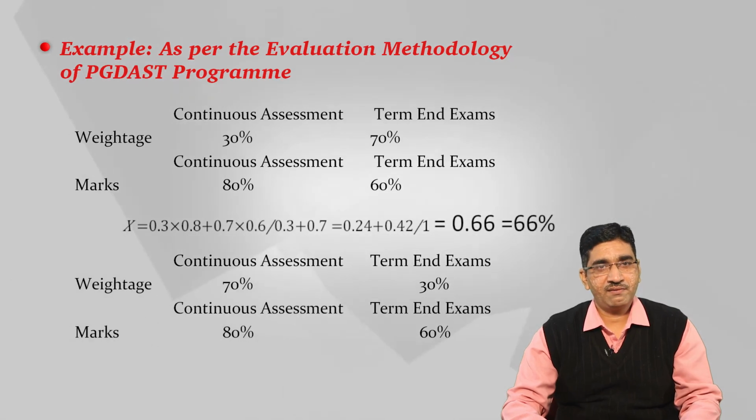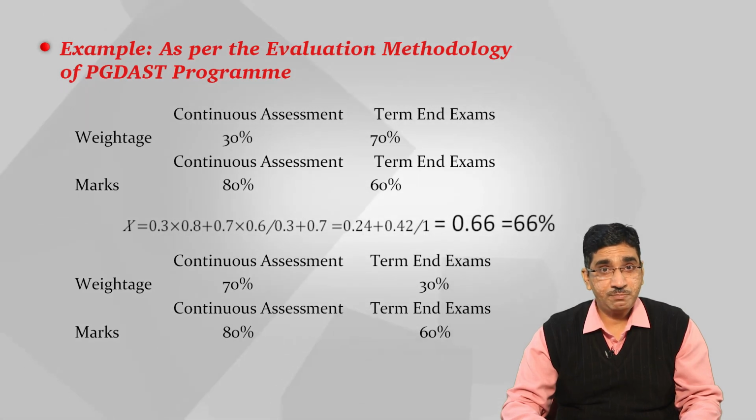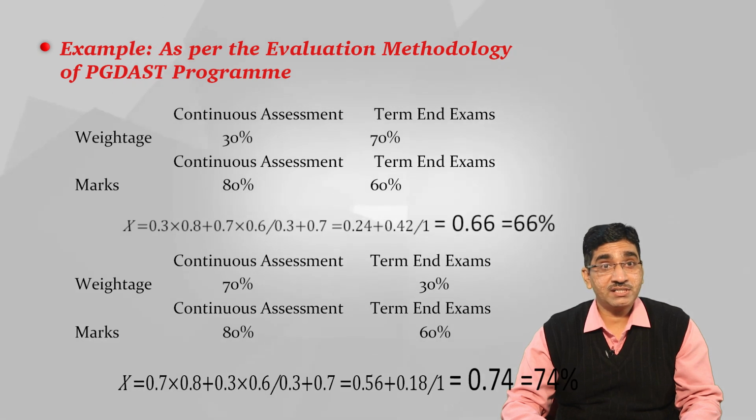Another case: for a lab course in the bachelor degree program, the continuous assessment weightage is 70% and the term end examination weightage is 30%. If the same candidate secured 80% in continuous assessment and 60% in the term end exam, then the average marks he will get is 74%.